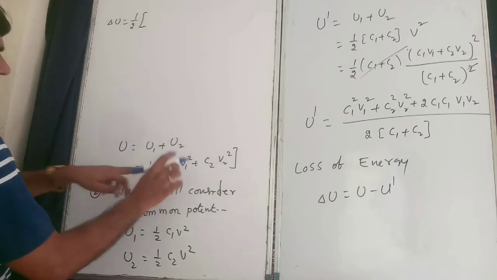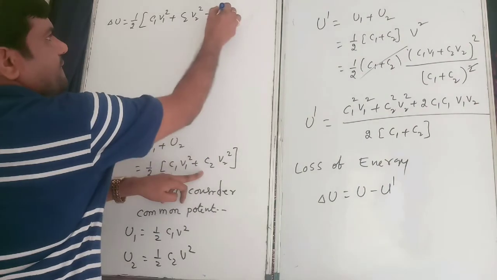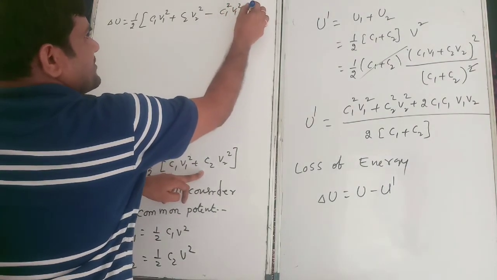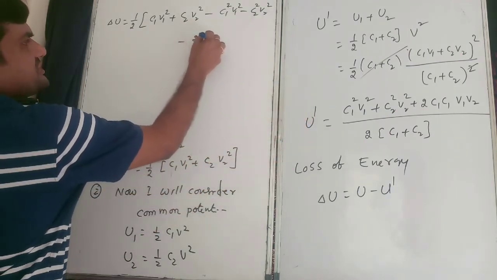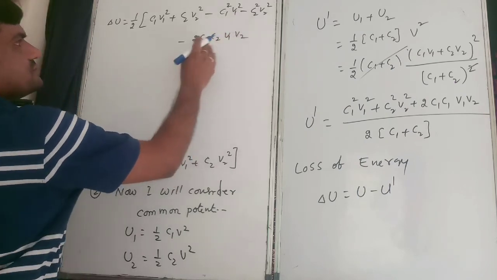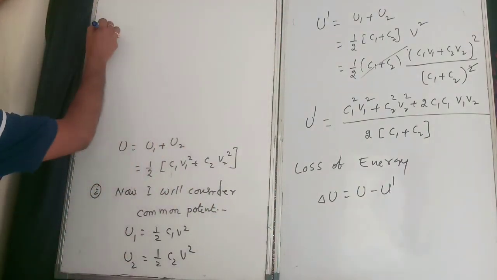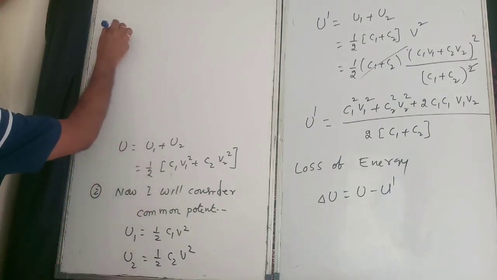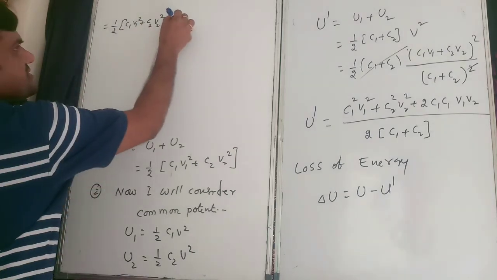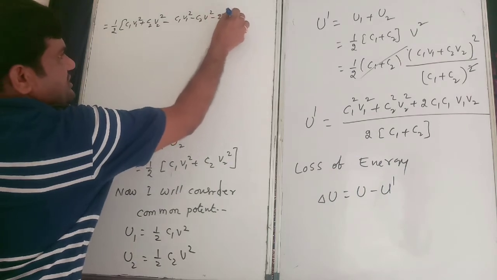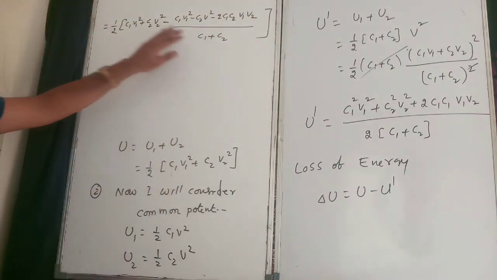Then (C1 V1 square plus C2 V2 square) minus (C1 V1 square plus C2 V2 square minus 2 C1 C2 V1 V2) divided by C1 plus C2. I will write a little bit small. So it is equal to U1, which is 1 by 2, C1 V1 square plus C2 V2 square minus the term, all divided by C1 plus C2. This C1 plus C2 transfers to this side.